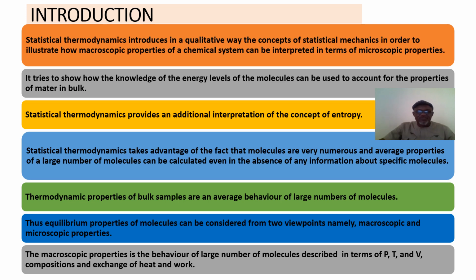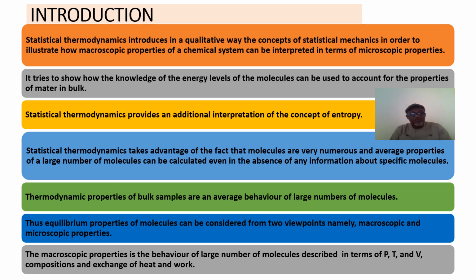So statistical thermodynamics tries to show how the knowledge of energy levels of molecules can be used to account for the properties of matter involved. So we try to look at the knowledge of energy levels of molecules at that microscopic level and account for what is happening in macroscopic or bulk properties.